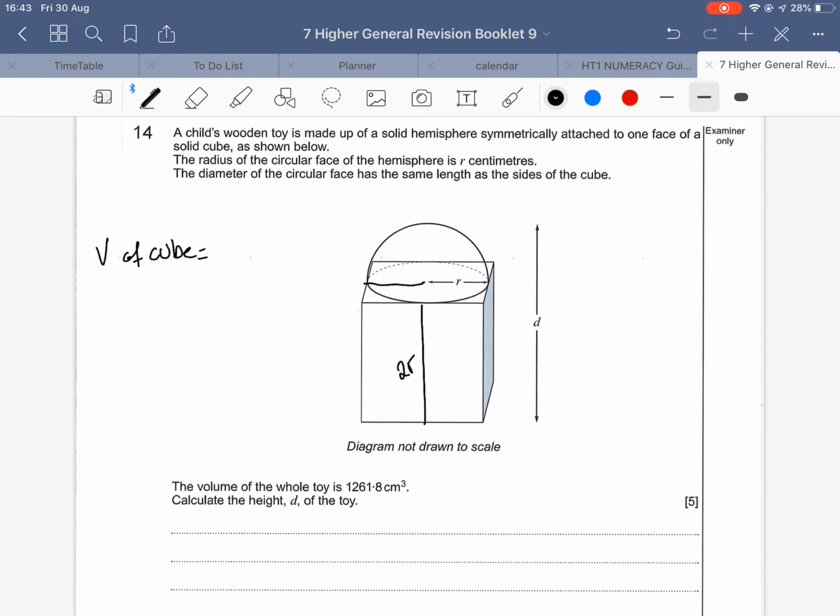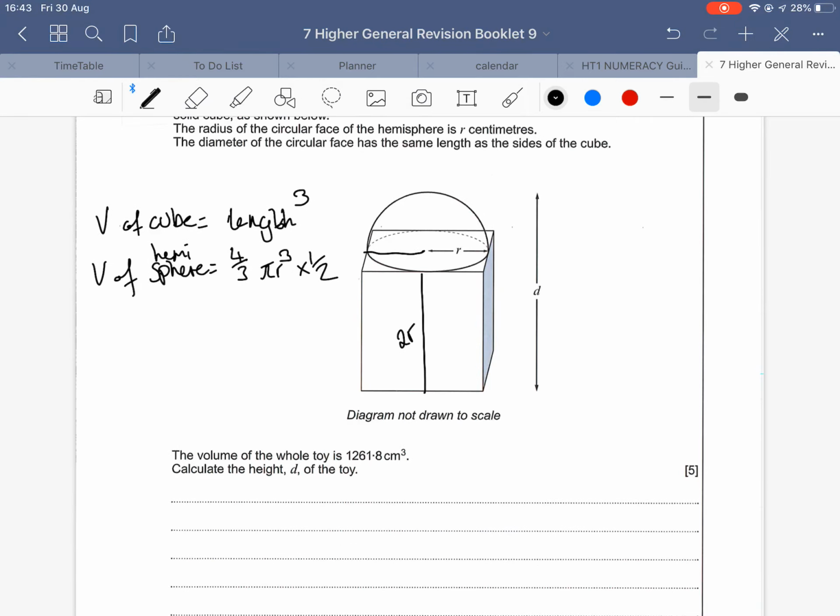Because that's r there as well. So the volume of the cube is going to be the length cubed, 2r cubed. Volume of a hemisphere, because it's not a full sphere, is it? Volume of a normal sphere is 4/3 pi r cubed. That's given to you in a formula booklet, but quick Google. And then it's a hemisphere, so we want half of that.